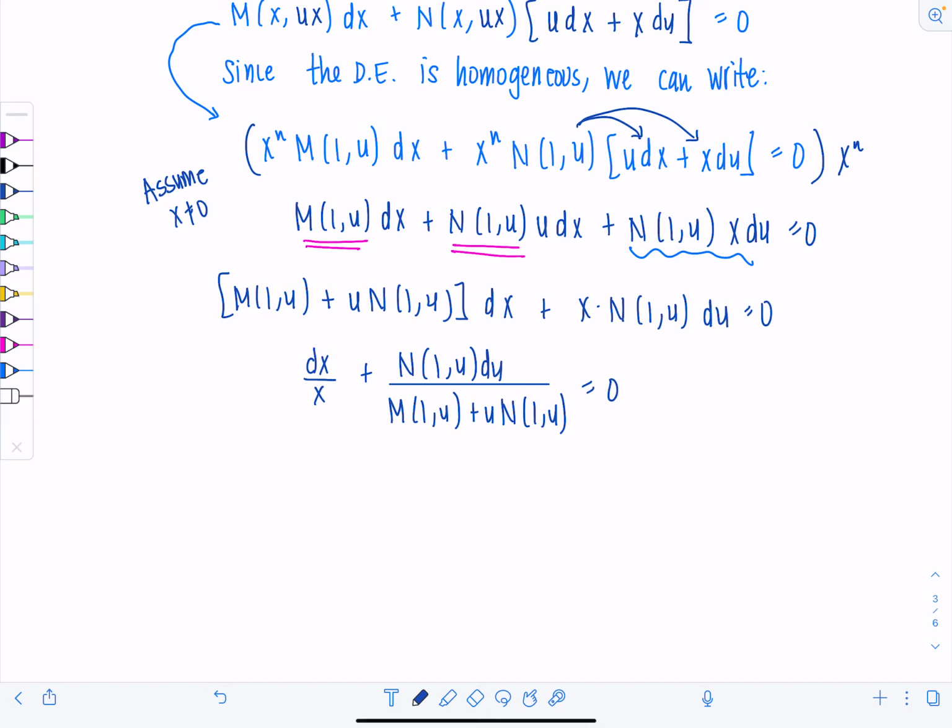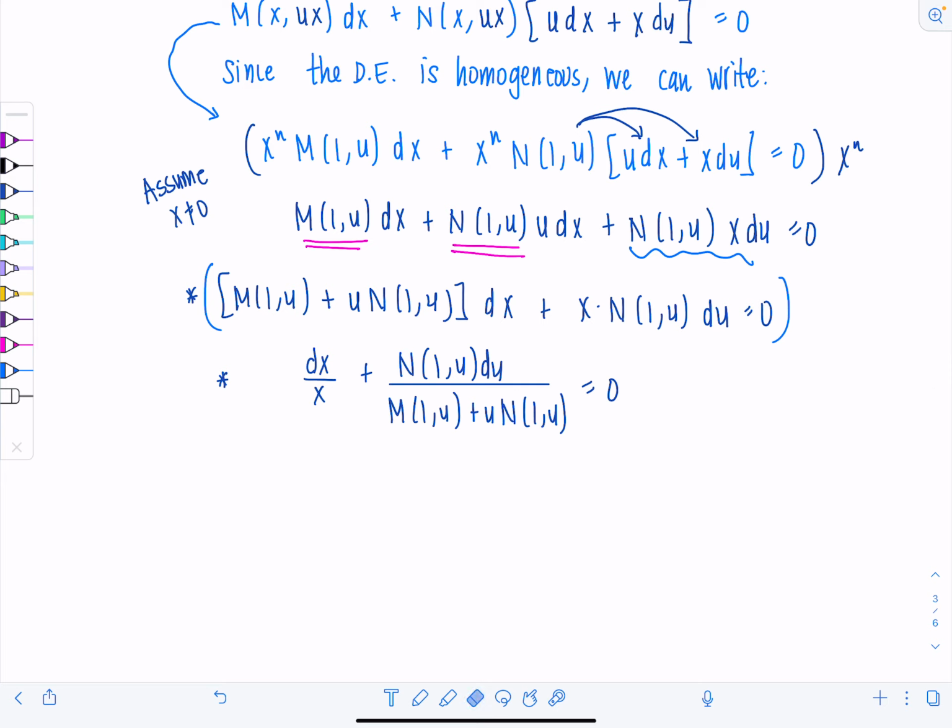Move one of them to the other side, integrate both sides, bada bing, bada boom. To get from this line to the last one, I just divided everything. I didn't want it to get too messy. Just divide everything by m of 1 comma u plus u times n of 1 comma u and divide by x. That doesn't quite fit in there, so I'm not writing it out.